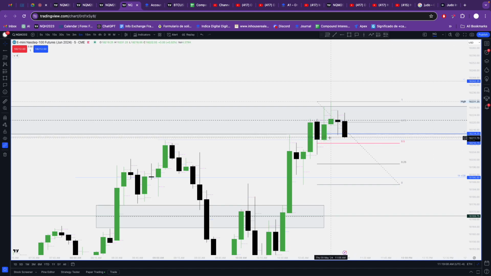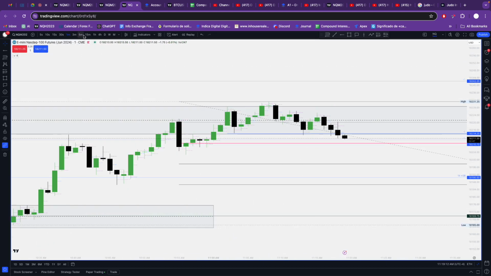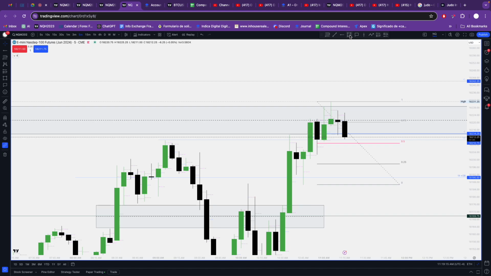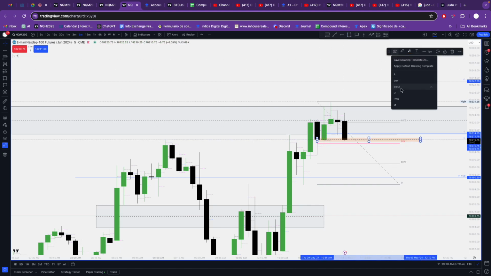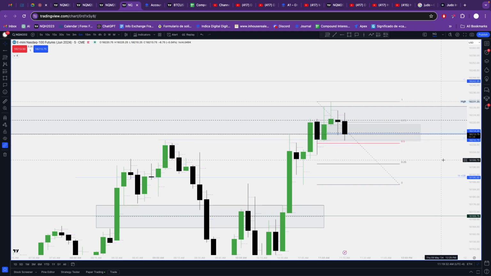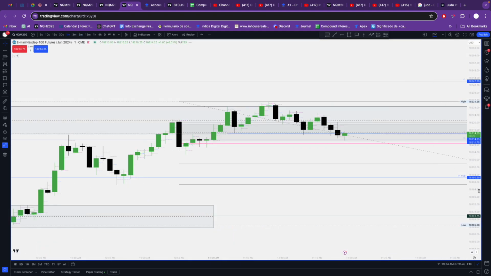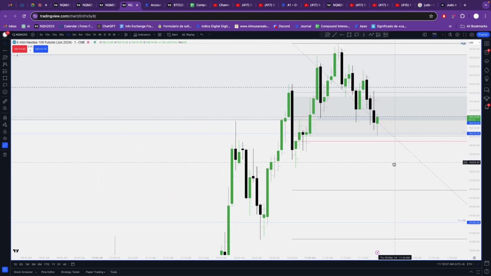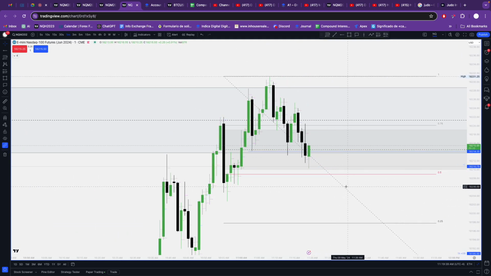55 seconds left, so we might get a change in state of delivery here. Oh, you know what we should do is mark this out. So we have another propulsion block right here.